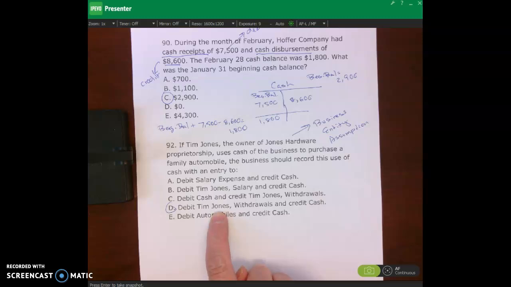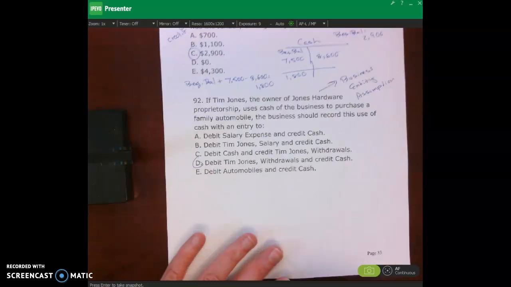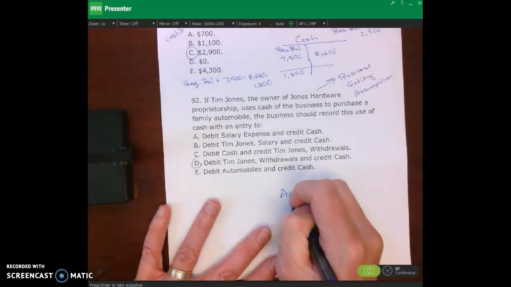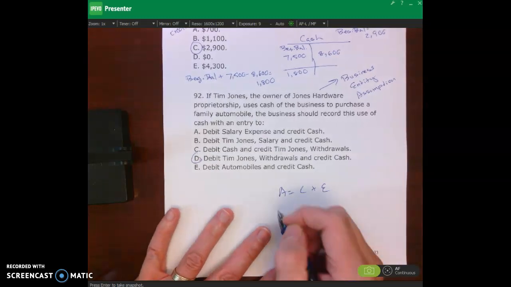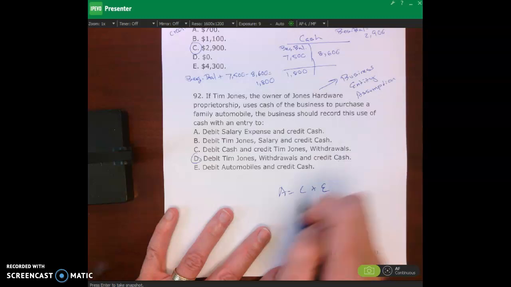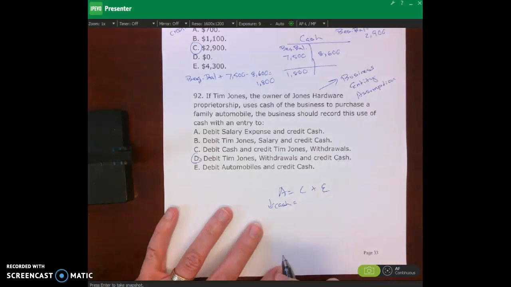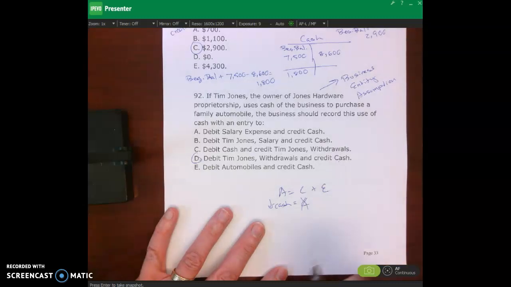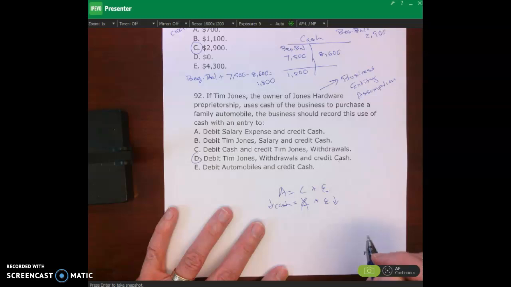So the journal entry to recognize an owner withdrawal is debit withdrawals and credit cash. How does this keep the accounting equation in balance? Well, cash is an asset and it's going down, so assets are going down. Liabilities are not being affected at all, but equity is going down. Why is equity going down?